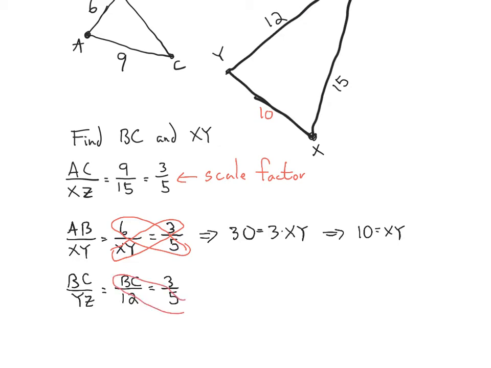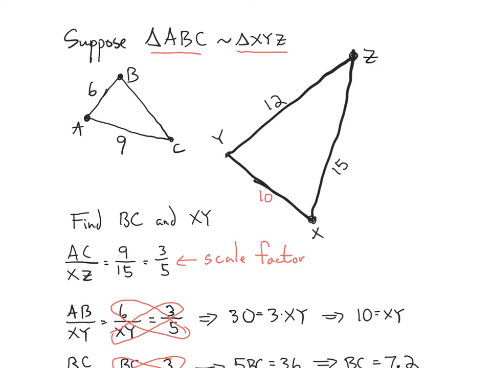Again, cross multiply and solve. And we get that 5BC equals 36. We divide both sides by 5, and we get that BC is 7.2. So we can put that in our diagram up here.